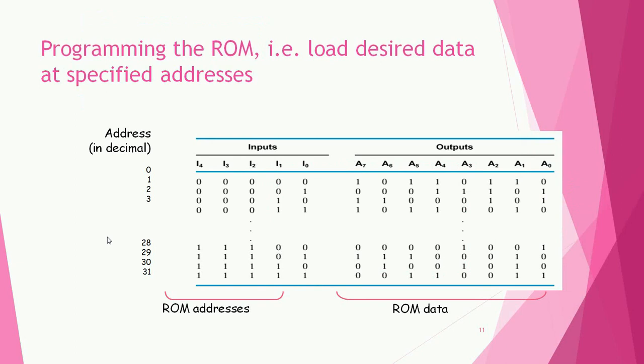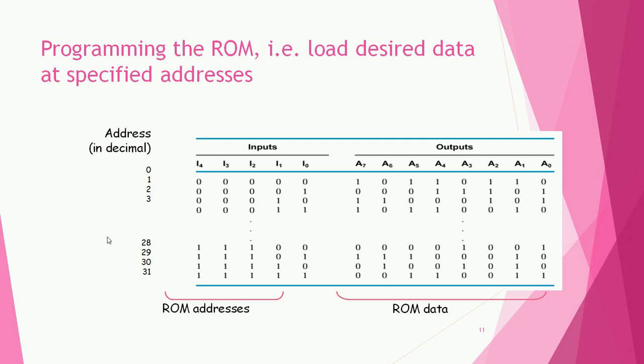Now observe this. This is the table, we can say, for programming the ROM, that is, loading desired data at the specific addresses. As I told you, ROM is a read only memory, so initially it should be programmed. So initially some data is to be stored in that ROM. The first is the input lines, that is the address.